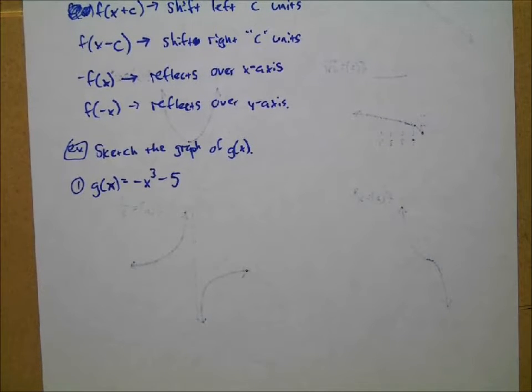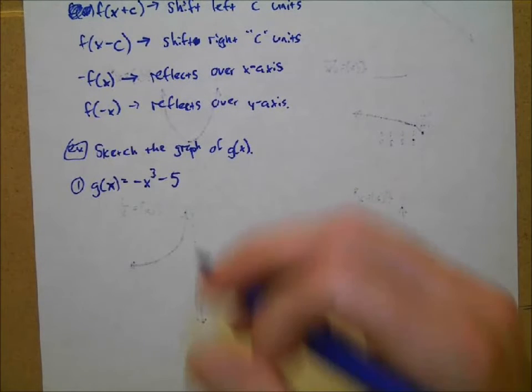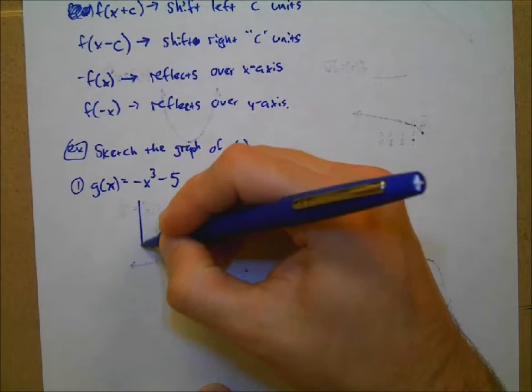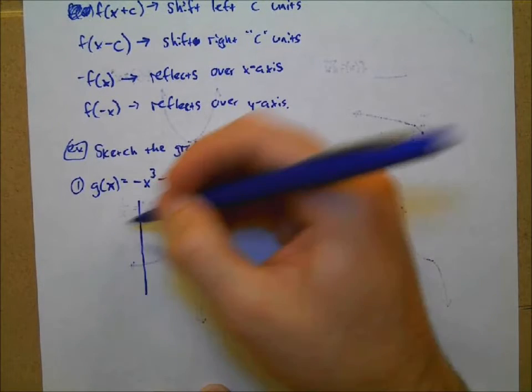What kind of transformations do we see here? Shift down 5. Reflection over the y-axis. Yep. I suggest you do the reflection first, just to make it easier for yourselves.